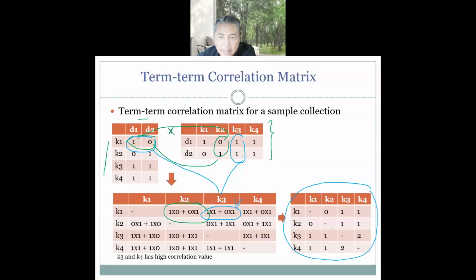Okay, so based on this matrix, we can say that the highest number here is this one. We can say that keyword 3 and 4, they are the most highly correlated terms. Okay, so this is how we capture the occurrence of two terms that always come together in the same document.